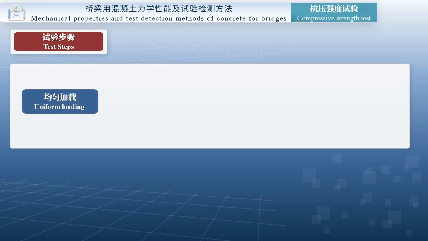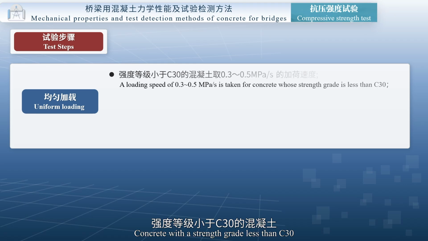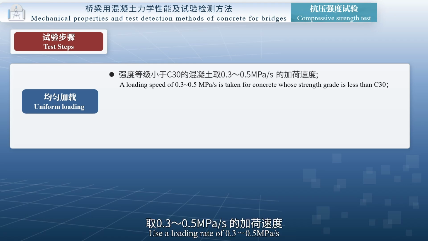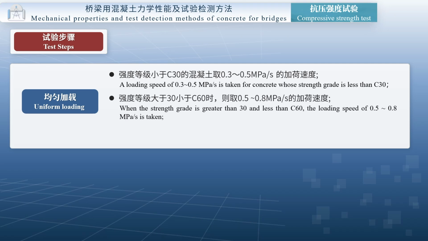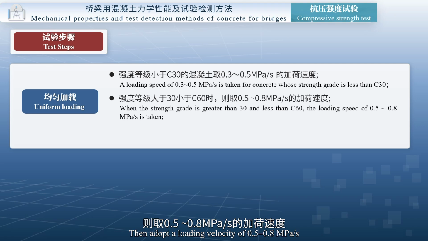Step 3. Uniform loading. For concrete with a strength grade less than C30, use a loading rate of 0.3 to 0.5 megapascal/s. When the strength grade is greater than or equal to C30 and less than C60, adopt a loading rate of 0.5-0.8 megapascal/s.